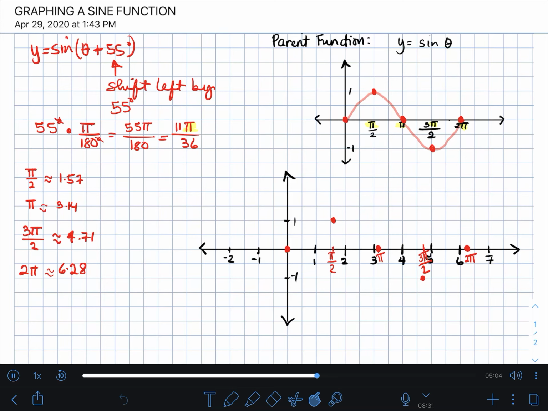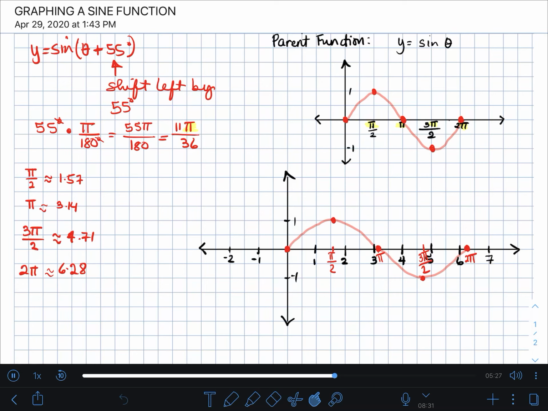So if you connect it, it will still look the same. It's just that we're using 1 as our interval. Okay, so now we are ready to shift to the left.